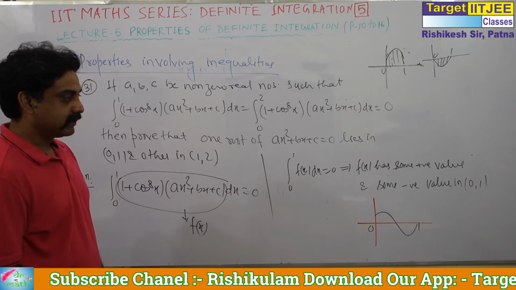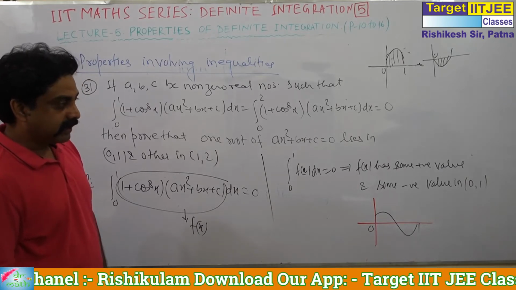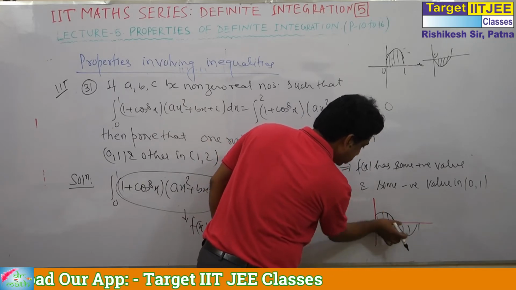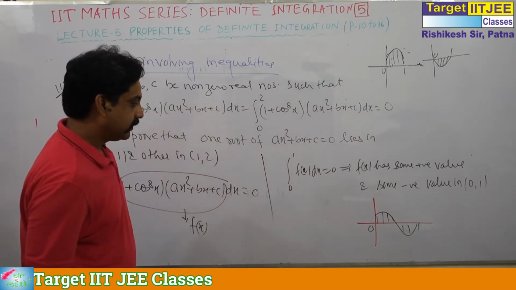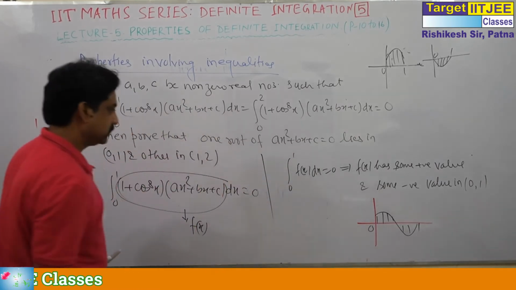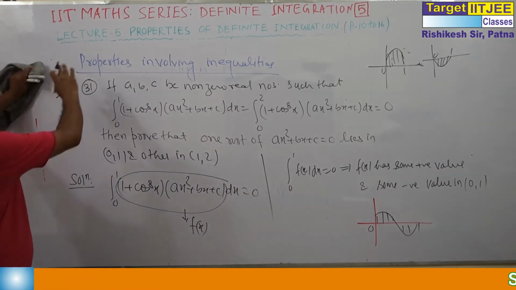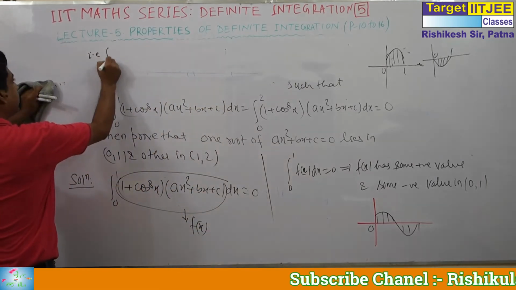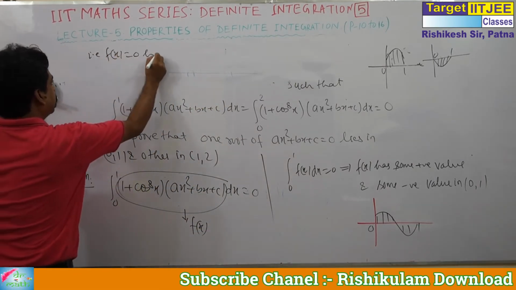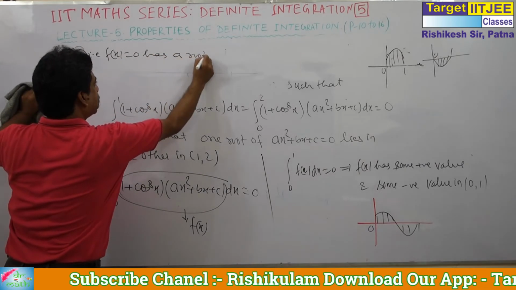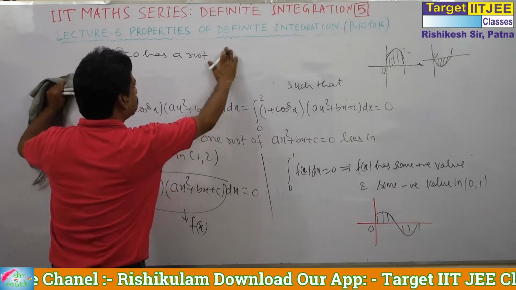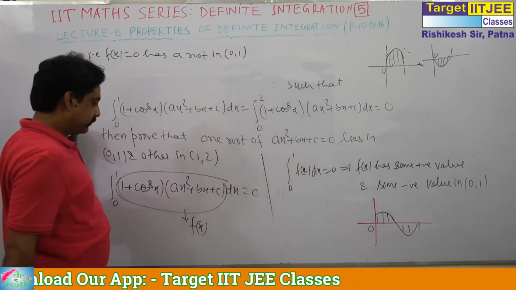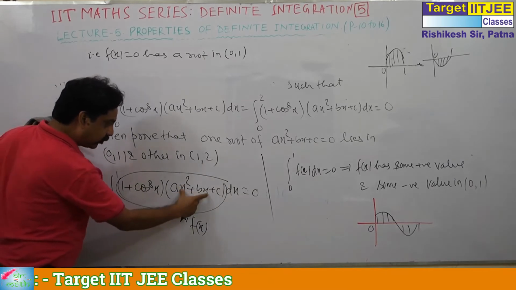That is, f(x) = 0 has a root in (0, 1). Means this complete expression has a root in (0, 1).